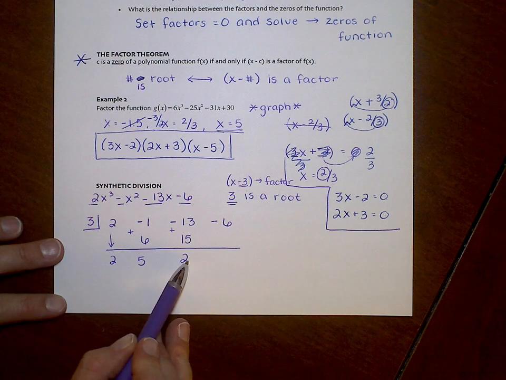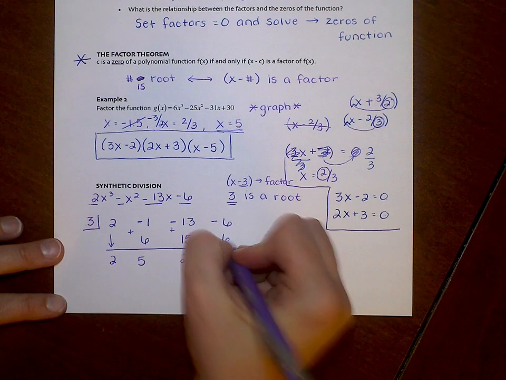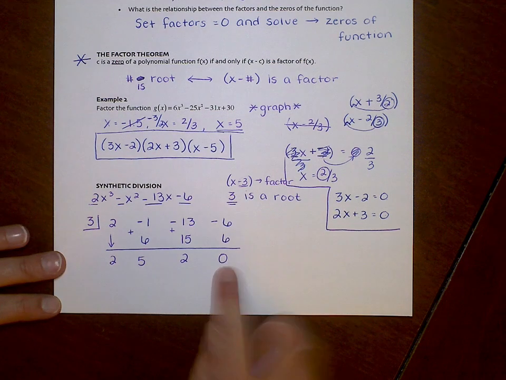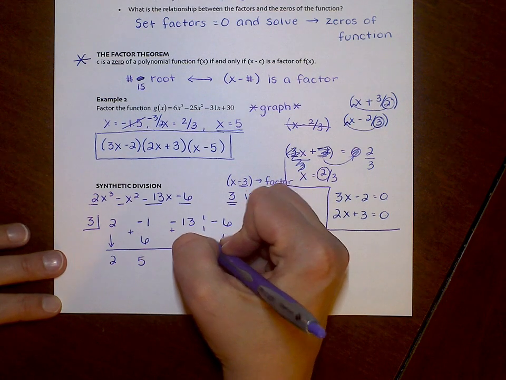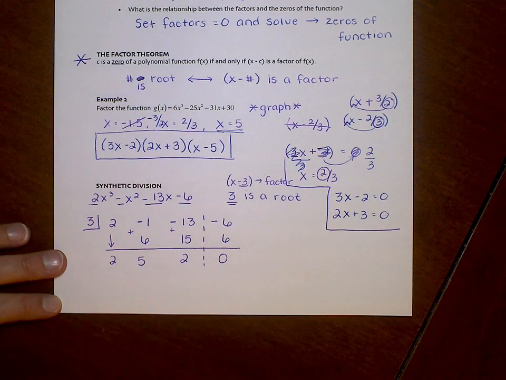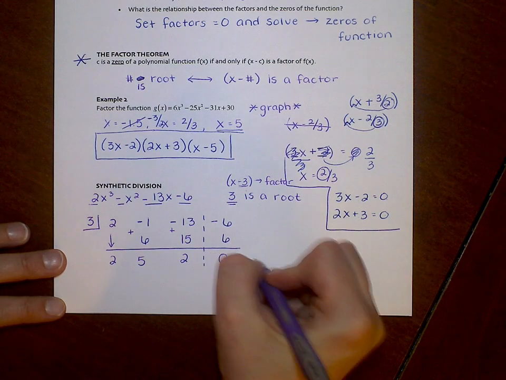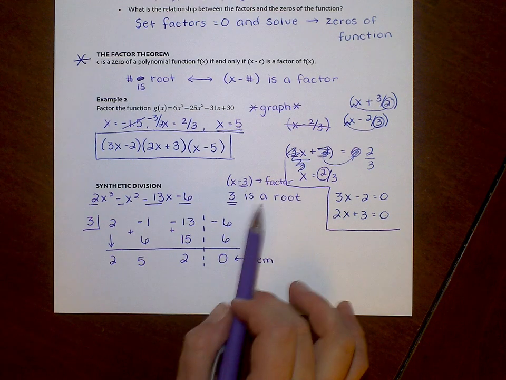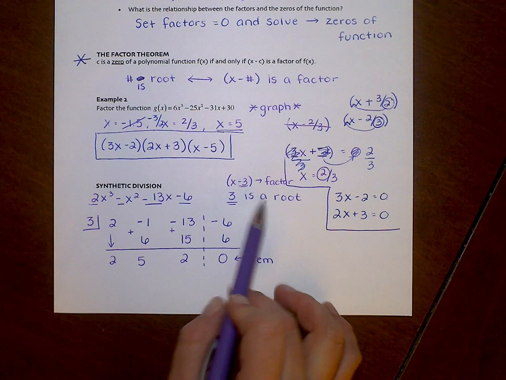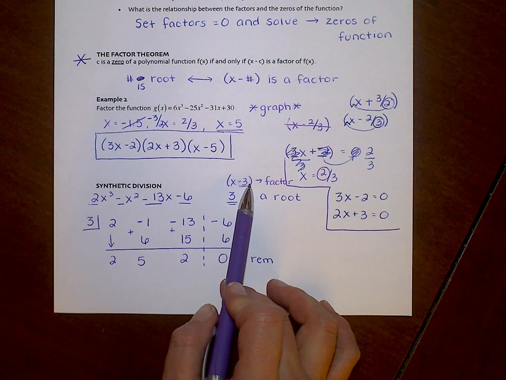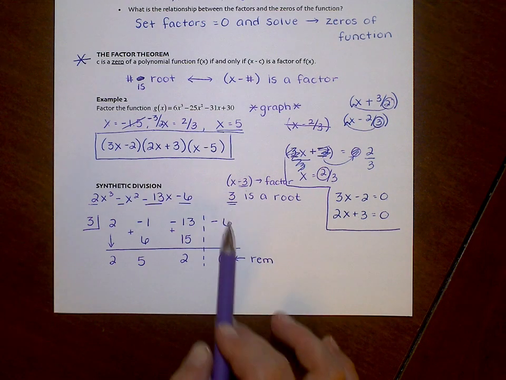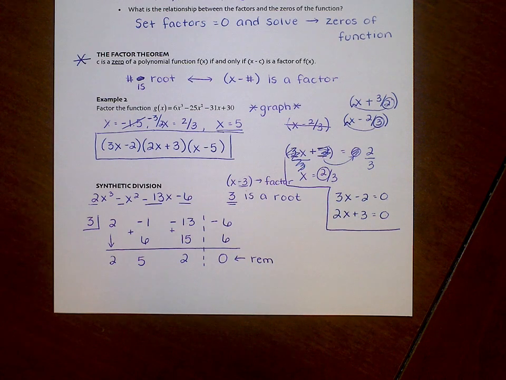Now I'm going 3 times 2 is 6, and -6 plus 6 is 0. I like that this is 0 because this number that shows up on the end when you do synthetic division is your remainder. Okay, so in this case, because I knew that 3 was a root, so x minus 3 had to be a factor, this better come out with a remainder of 0. Because if something is a factor, that means it divides into it evenly.